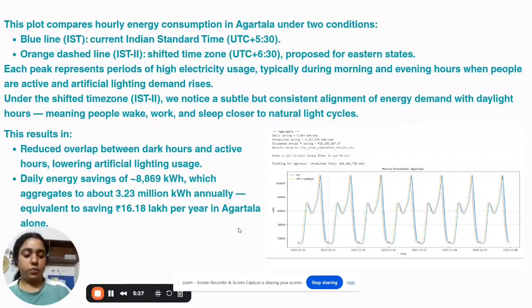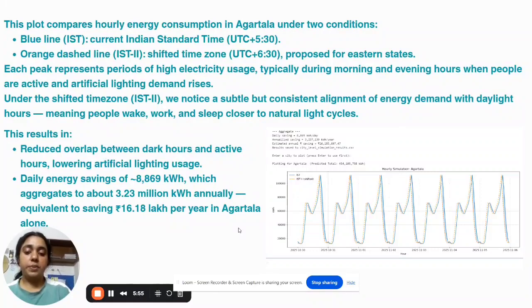In conclusion, India's single time zone was historically chosen for administrative convenience. However, in a country stretching across nearly 30 degrees of longitude, a one size fits all temporal framework causes substantial inefficiencies, social, physiological, and economic.